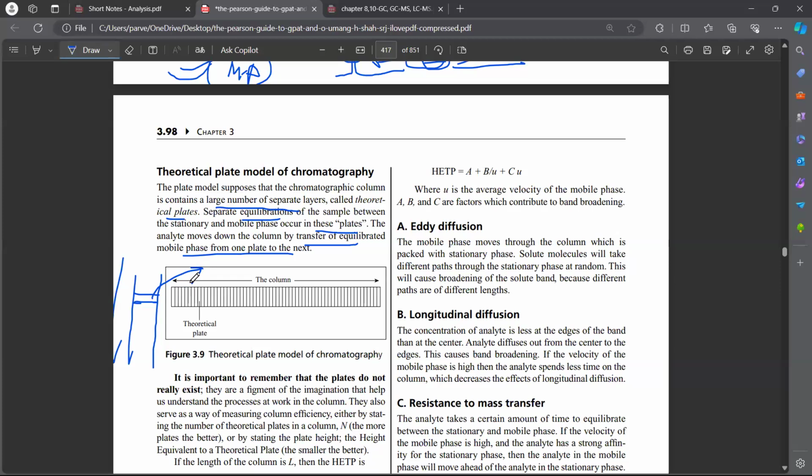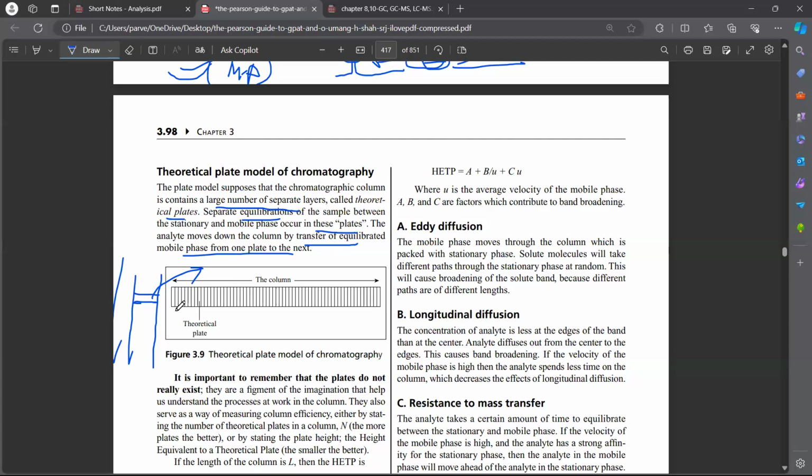The column which has more theoretical plates, is it more efficient or less efficient? More efficient. Great. So basically, a column which has more theoretical plates is regarded as more efficient because it is able to separate a wide range of compounds.